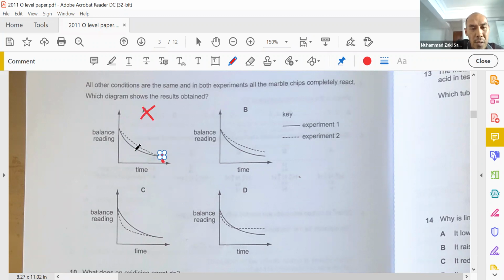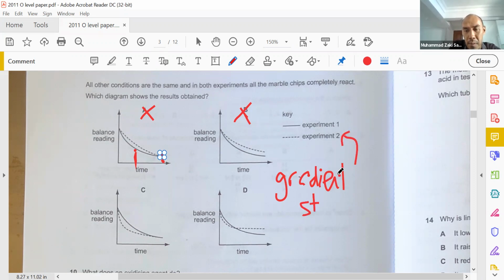The one that looks faster, we also know. If you remember, the gradient for the graph should be steeper for 2.